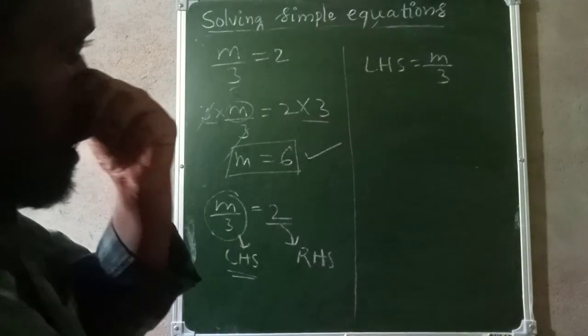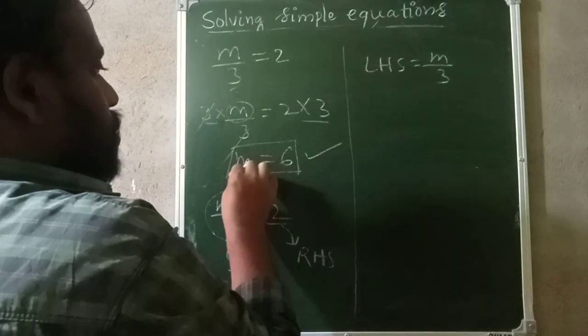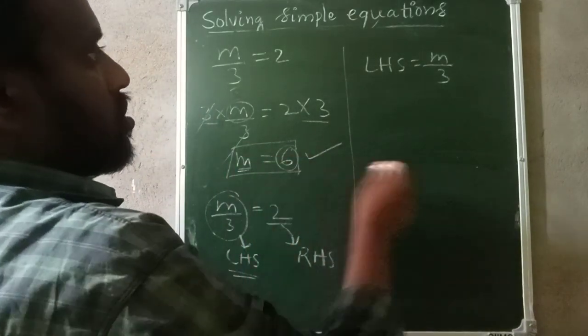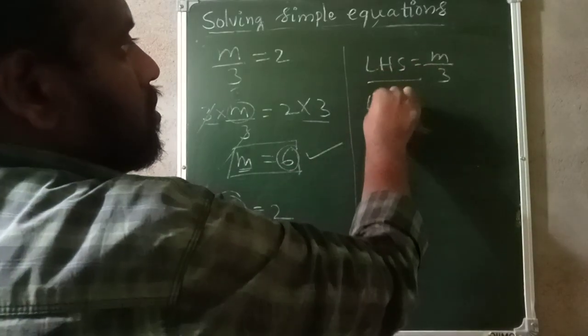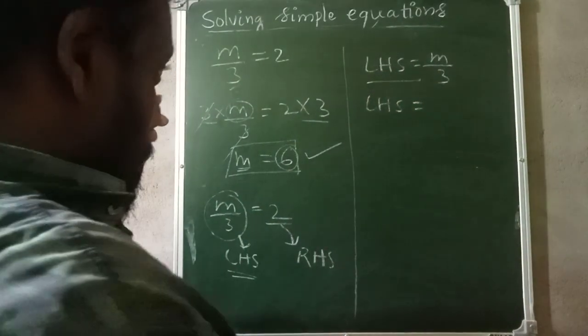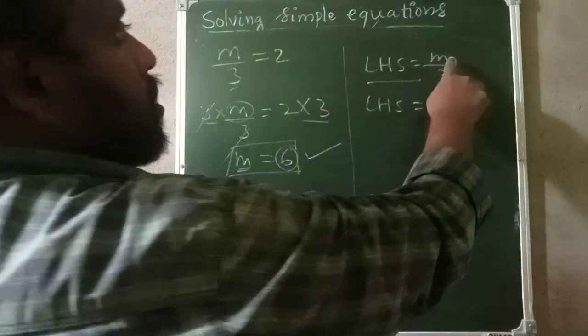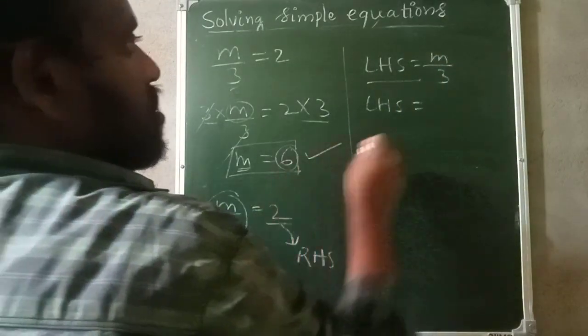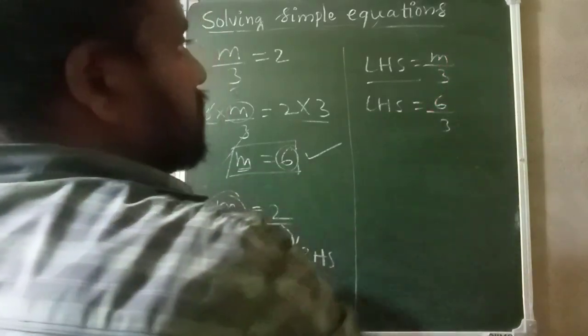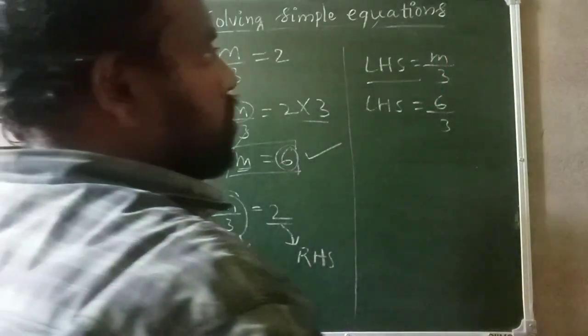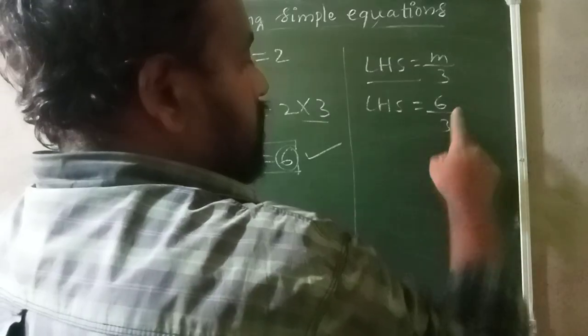Now substitute the value of m. The value of m is 6. Before that, write LHS is equal to. In place of m, substitute this 6, divided by 3, like this. Now 6 divided by 3.